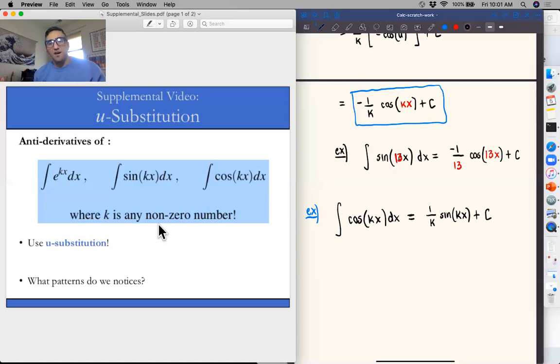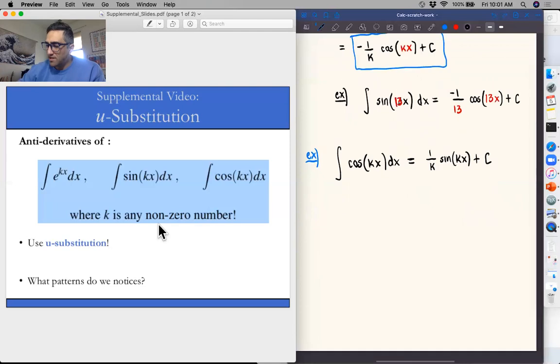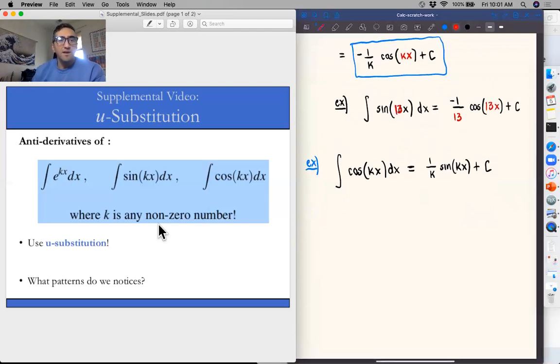Hopefully this helps in terms of showing that u substitution really can help us out with these e to the kx, sine of kx, cosine of kx type problems where k is any non-zero number. I want to throw in a few words of caution.